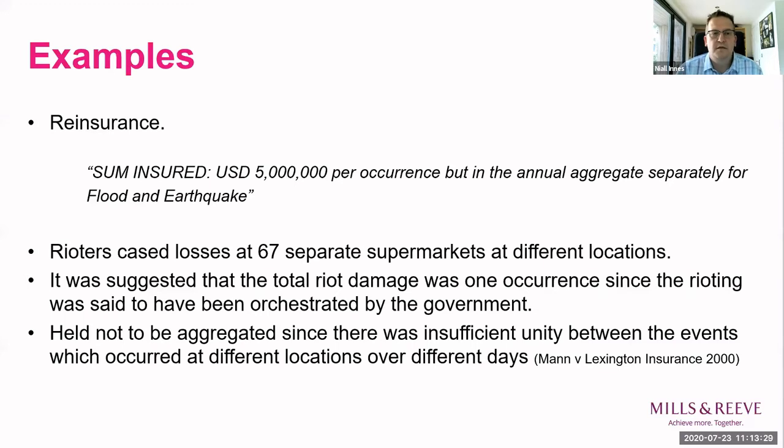And it was suggested that the total riot damage loss was 1 occurrence, since the rioting was said to have been orchestrated by the government. It was held that wasn't the case. There was insufficient unity between the events because they occurred at different locations over a couple of days. And I suspect that may have been different if this was a same originating cause case, assuming, of course, that there was sufficient evidence to establish the government orchestration of the rioting.